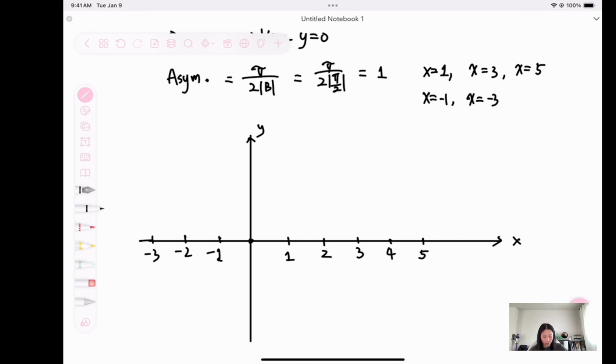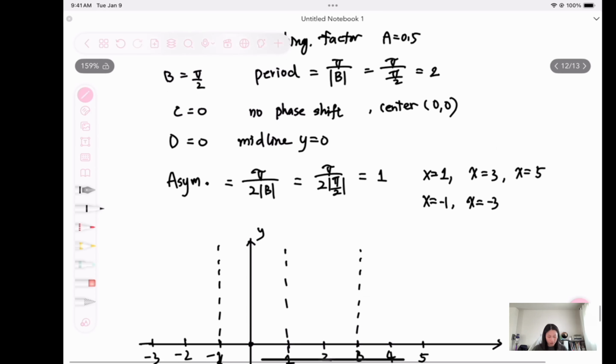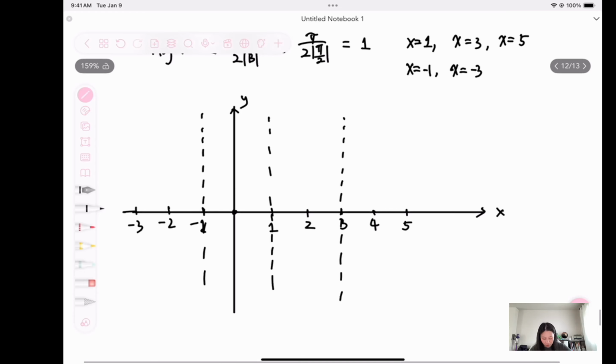And then we have asymptotes at x equals 1 or -1, also at 3. And since the midline didn't change, there was no vertical shift. And we already labeled the asymptotes and the center, there is no phase shift or vertical shift, so they remain the same. So the graph should look something like that.